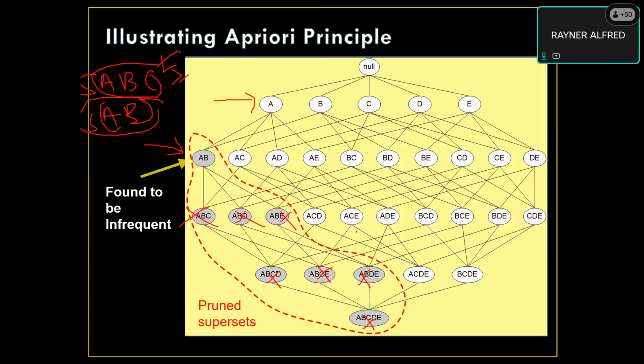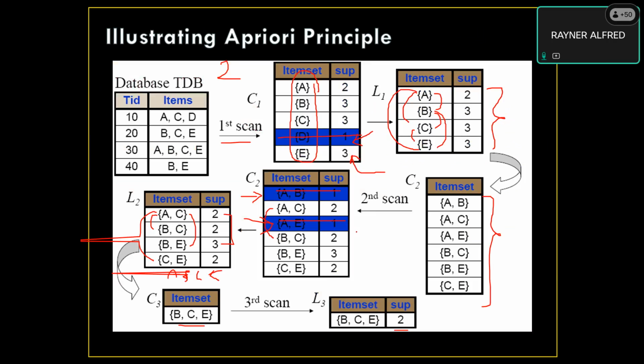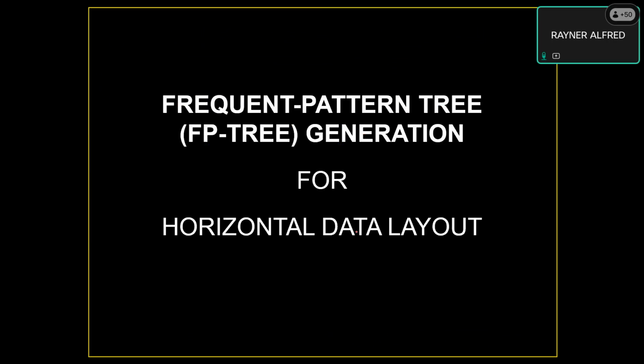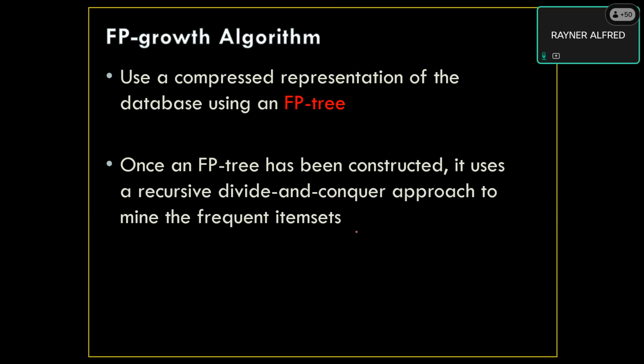So that's why one of the works that they have done is the frequent pattern tree. What is the frequent pattern tree? For this one, we use a compressed representation of the database using the frequent pattern tree.